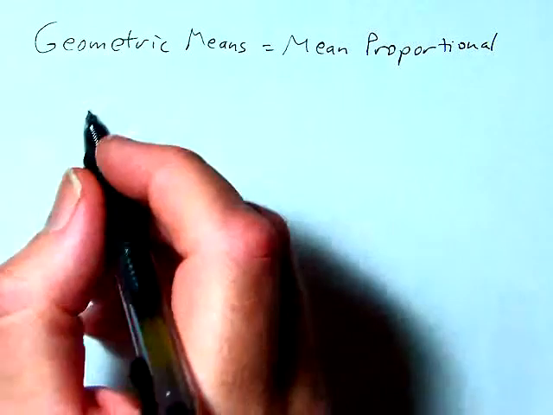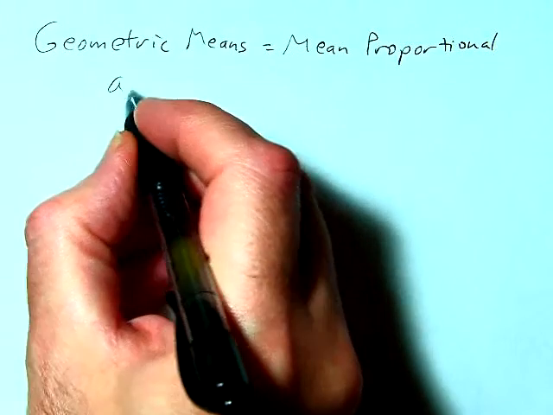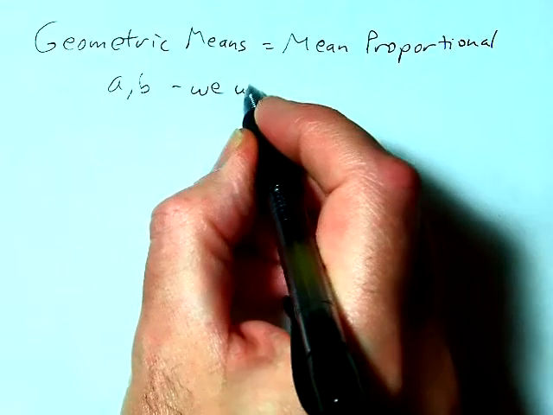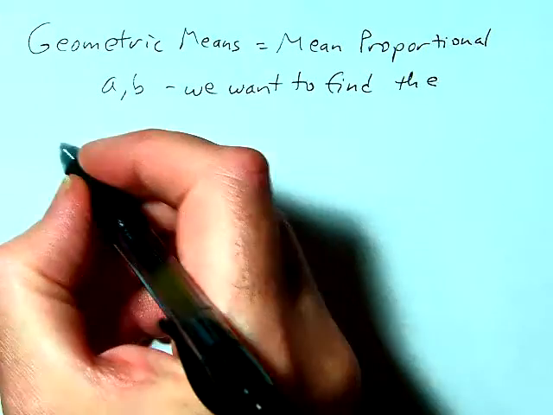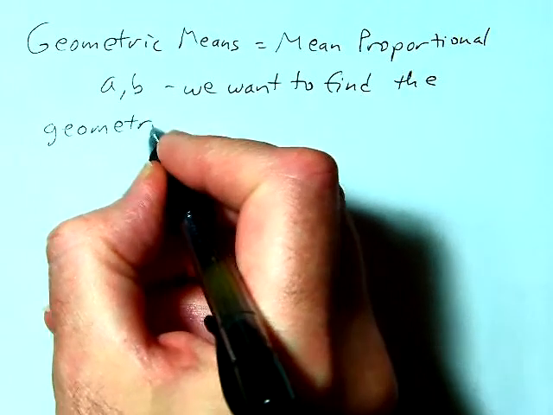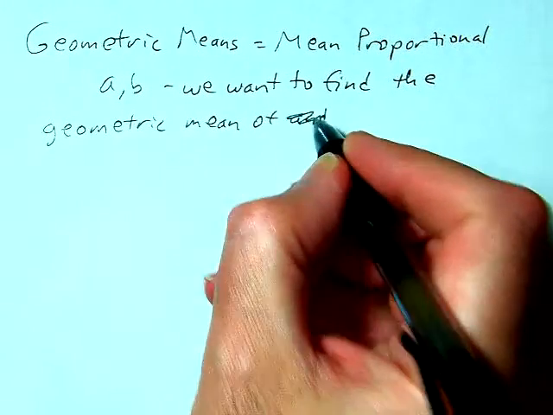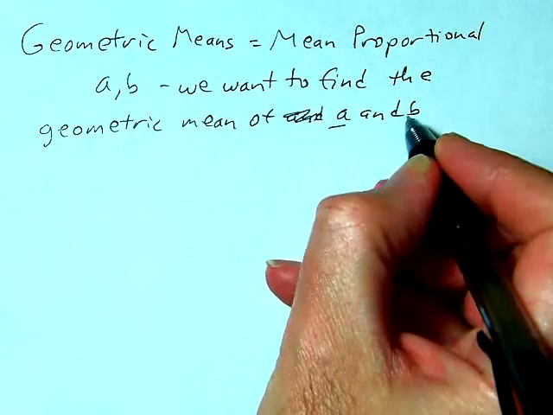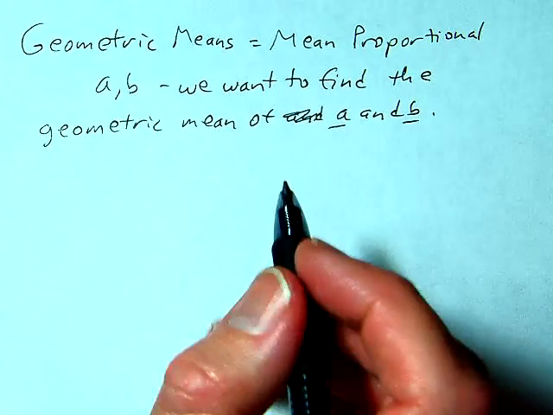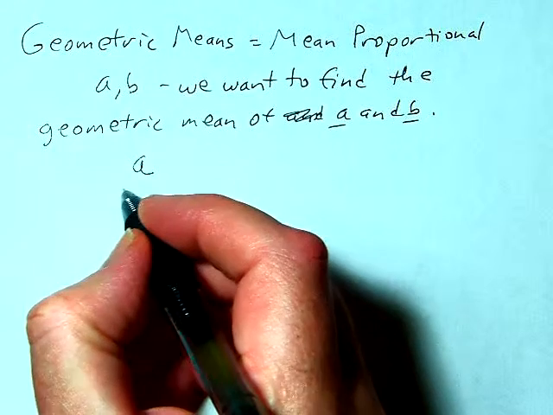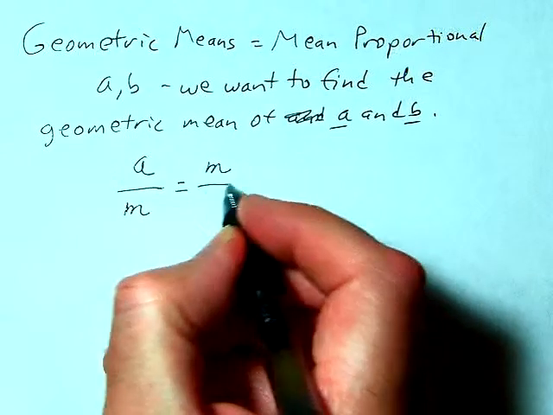So that if we have two values, let's call them A and B, and we want to find the geometric mean of A and B, we need to solve the following proportion. A is to the mean, the geometric mean, as the geometric mean is to B.